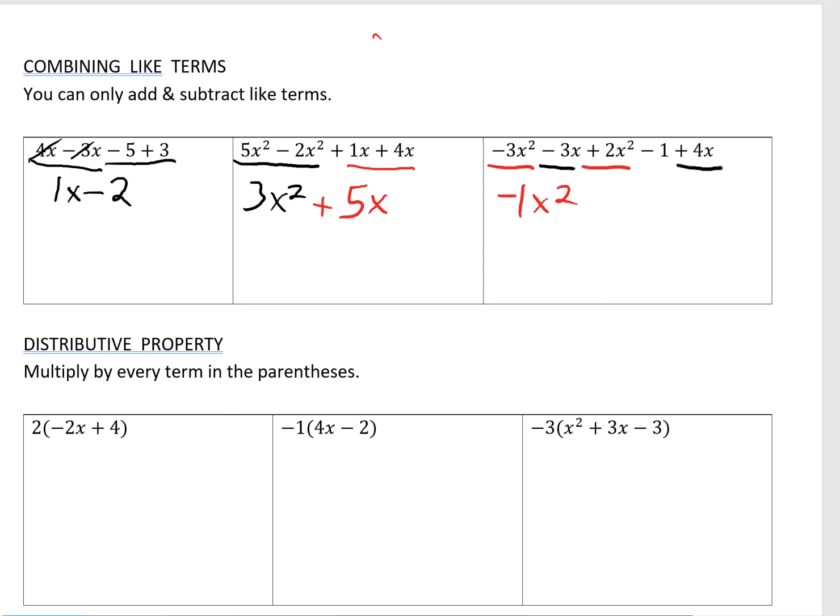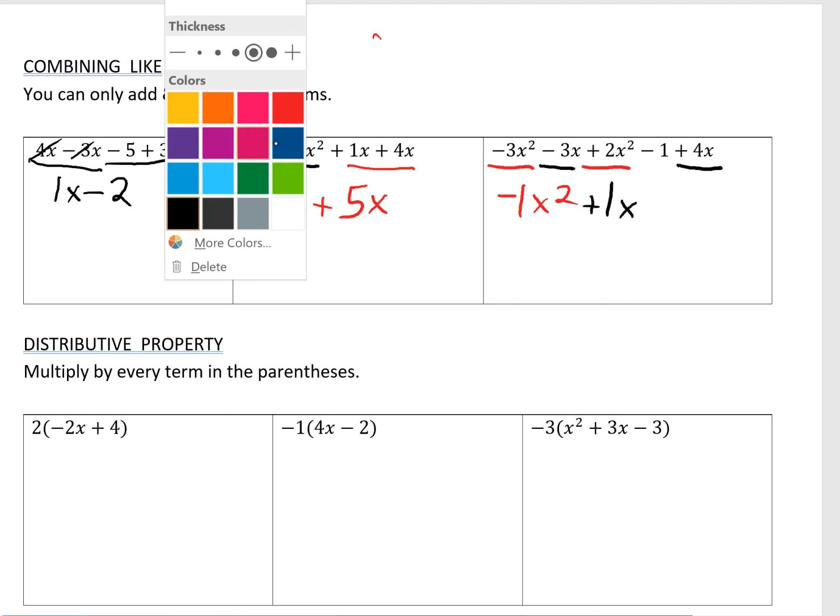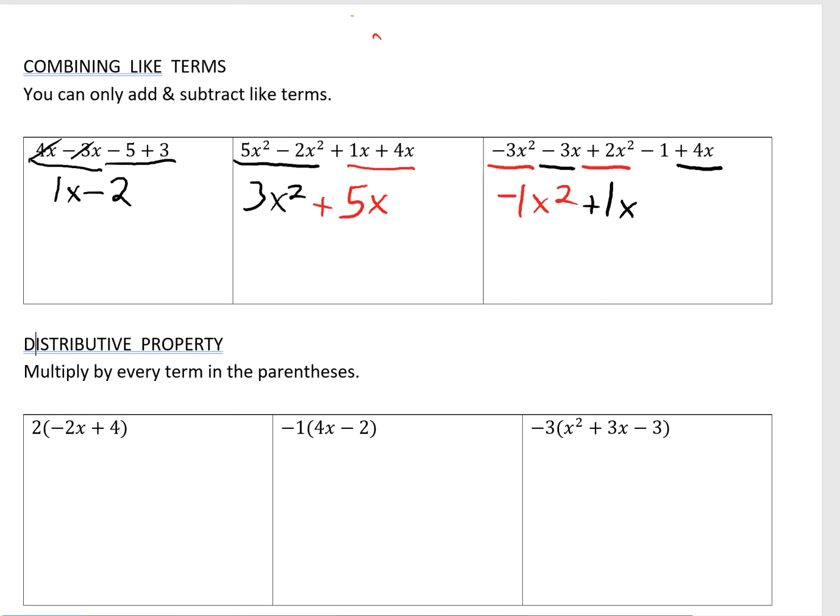So negative 3 and 4, signs are different, so I subtract, and there are more positives. And if it's 1, you can just put x if you want, or you can put the 1x, either way. And then we have, let's get another color. Constant, there's nothing to add to that, so we're just going to write it down.